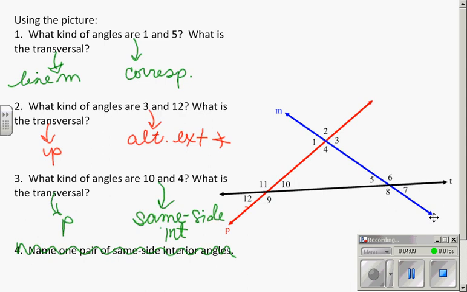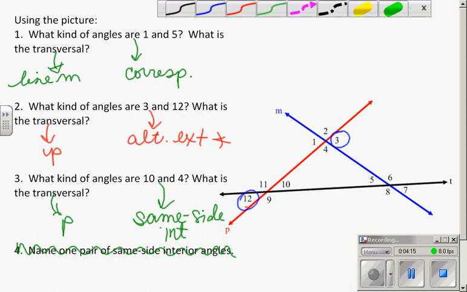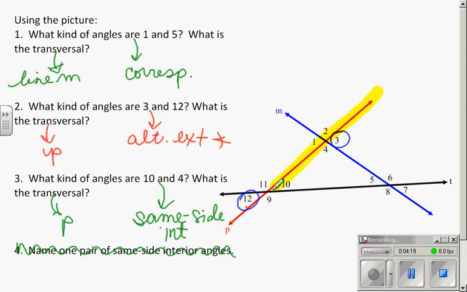If I look at angles 3 and 12, here's 3 and here's 12, it's easy to see that this is my transversal, and in relation to the intersecting lines in that transversal, 3 and 12 are alternate exterior angles.